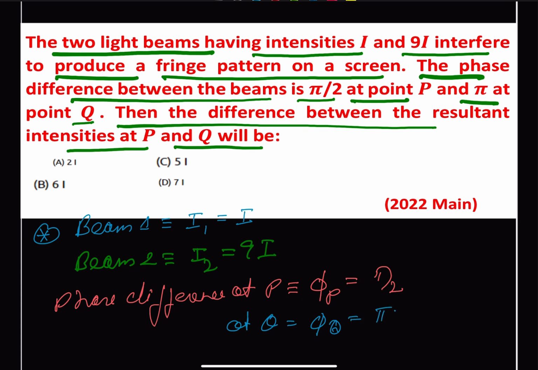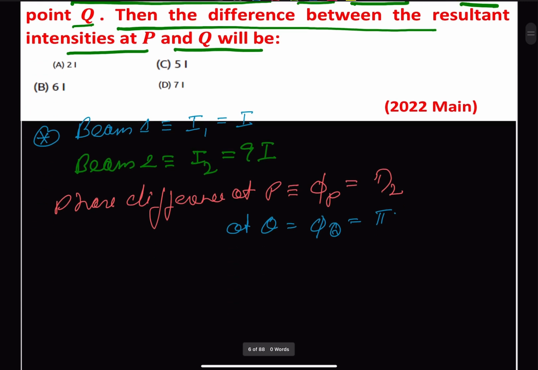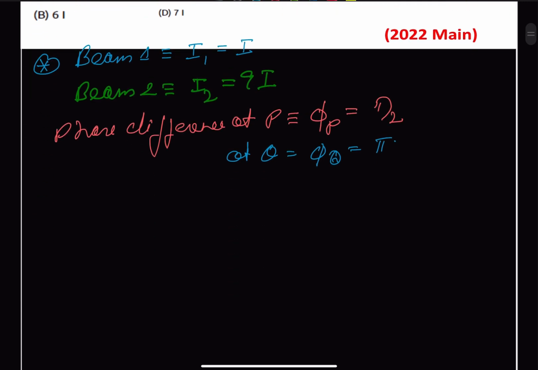In this case, we are going to use the formula that the resultant intensity is equal to I1 plus I2 plus twice square root of I1 I2 and cos of the phase difference. Okay. So we have 2 points, so therefore we can modify the formula.